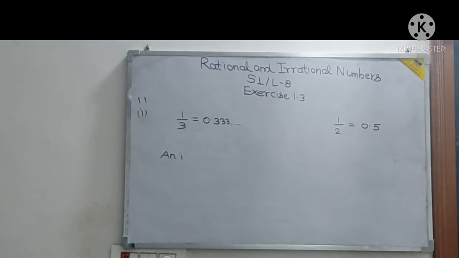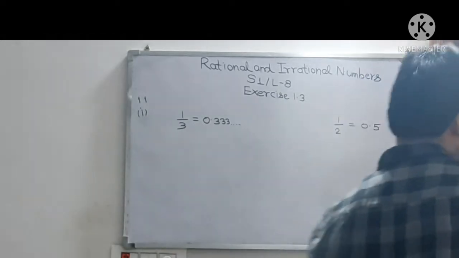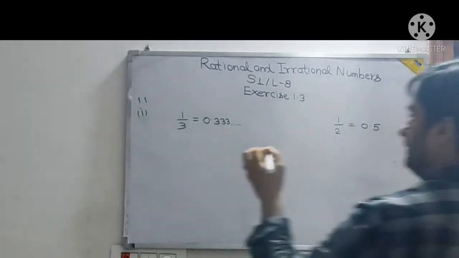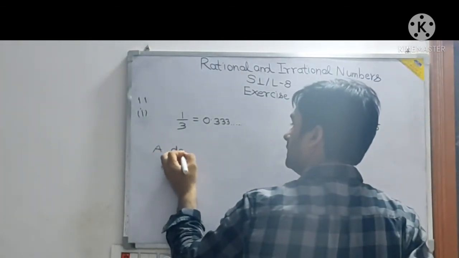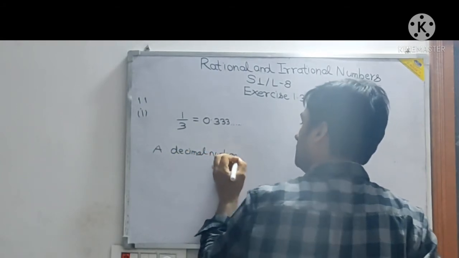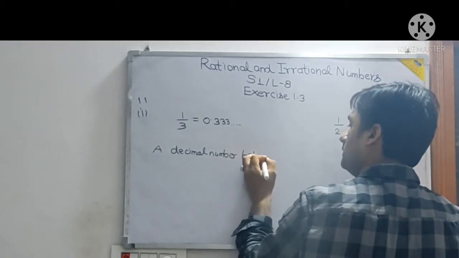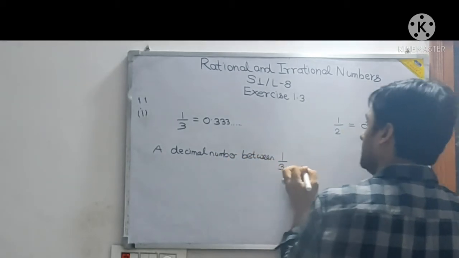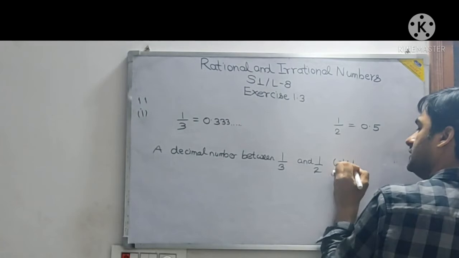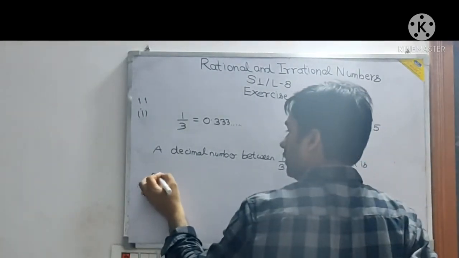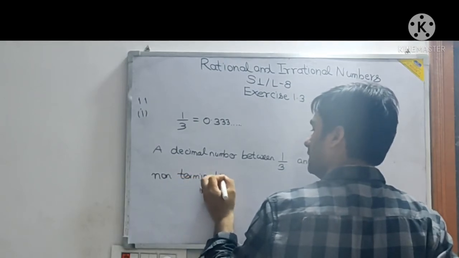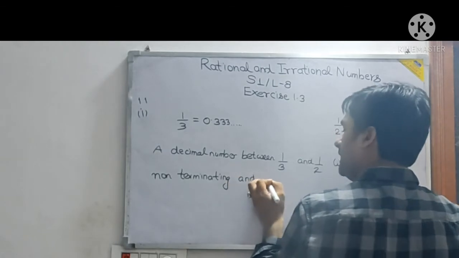So write here first: a decimal number between 1 by 3 and 1 by 2, which is non-terminating and non-repeating.